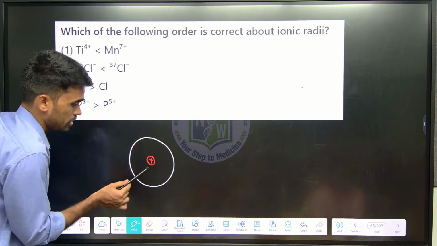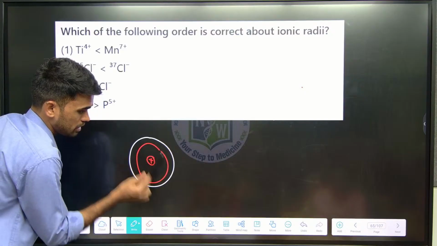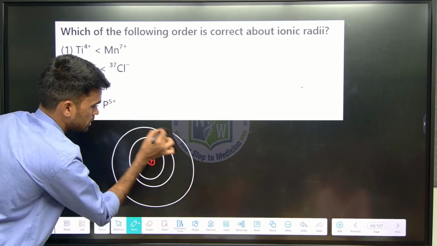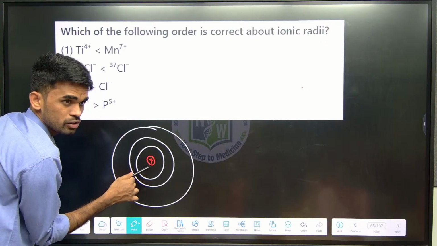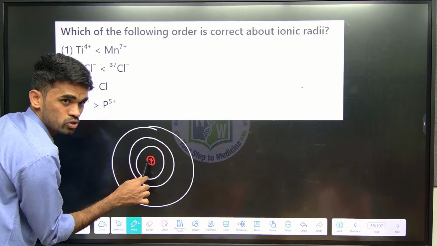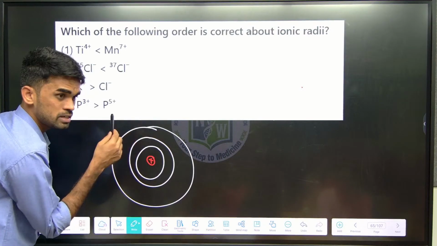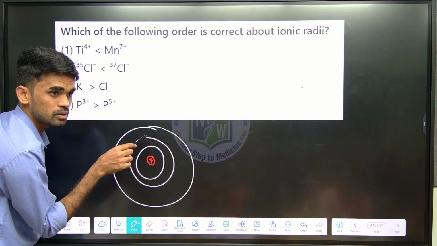Okay, now tell me. See, if I write like this, what is happening, you just tell me. This red color represents the nucleus. It has positive charges, protons and neutrons. Okay, and these white lines are the orbits in which electrons are revolving.